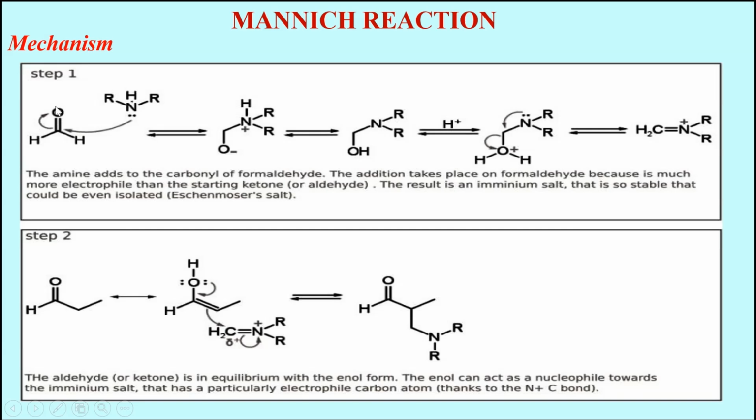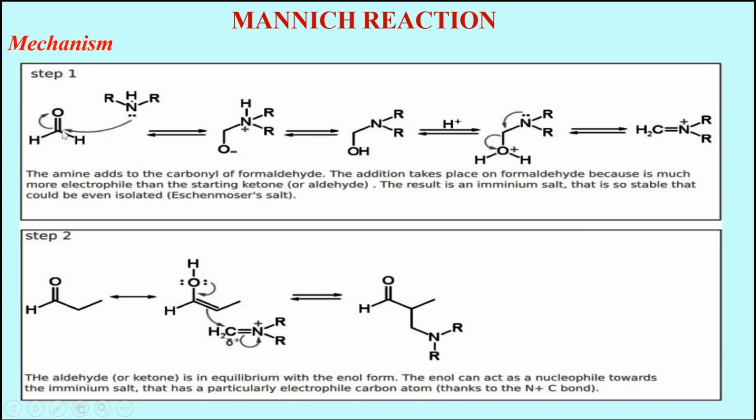Oxygen is slightly electron rich. The nitrogen in the primary or secondary amine has a lone pair of electrons and is electron rich, and it shares its electrons with the carbonyl carbon. It attacks the carbonyl carbon and pi electrons move onto oxygen.